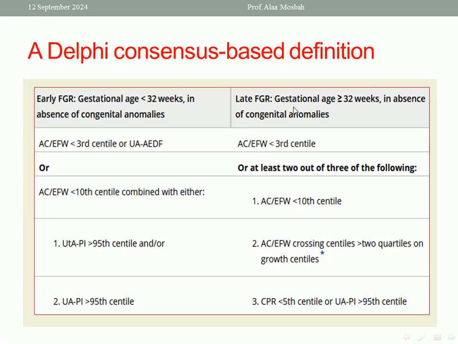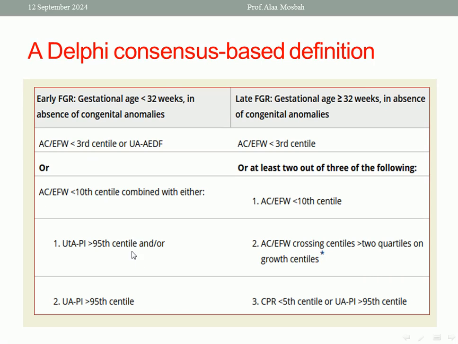In late onset, abdominal circumference or expected fetal weight below the third centile. What else in early fetal growth restriction? I can also use the following: abdominal circumference or expected fetal weight below the 10th centile combined with uterine artery pulsatility index more than the 95th centile or umbilical artery pulsatility index more than the 95th centile.